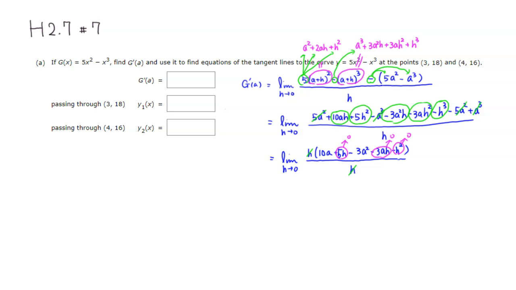What's left over is just 10a minus 3a squared. So this is 10a minus 3a squared. Let's type it in.